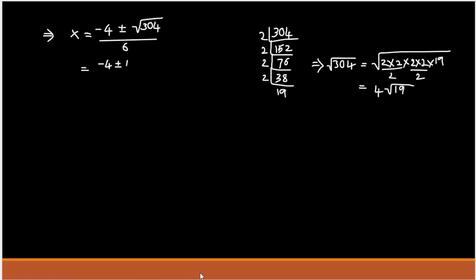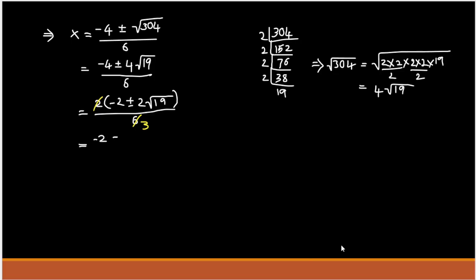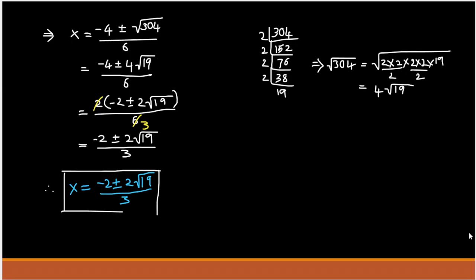So we can write it as 4 square root of 19. Here minus 4 plus or minus 4 square root of 19 by 6. Taking 2 as common, we get 2 of minus 2 plus or minus 2 square root of 19 by 6. So 2 and 6 get cancelled. So we get minus 2 plus or minus 2 square root of 19 by 3. Therefore, the required solution is x equals minus 2 plus or minus 2 square root of 19 by 3.